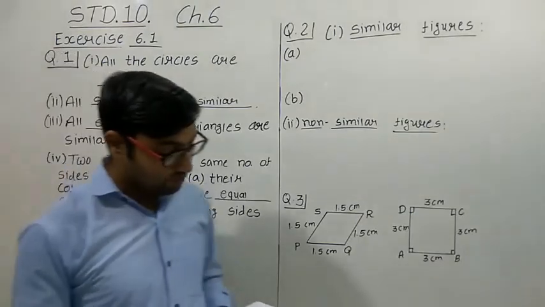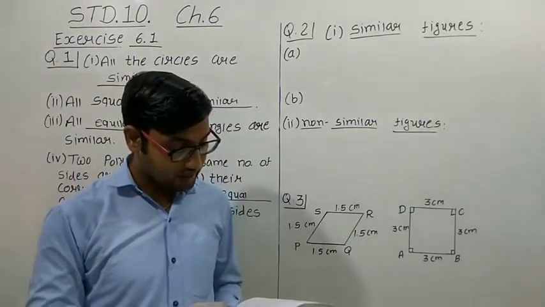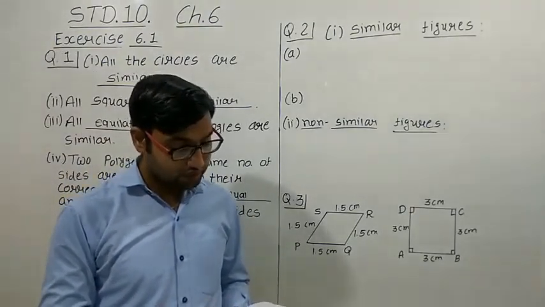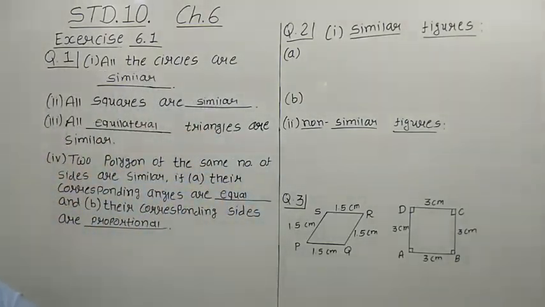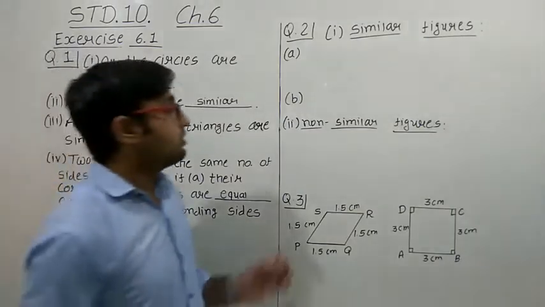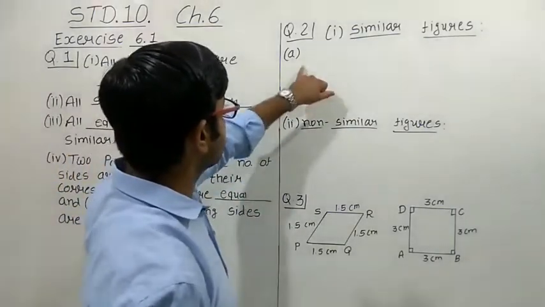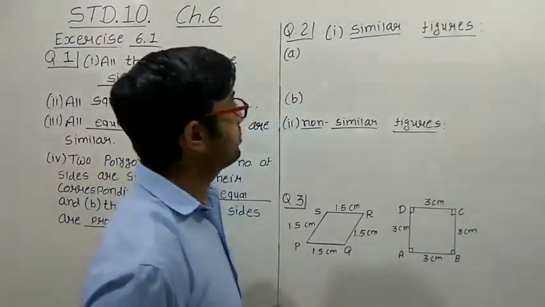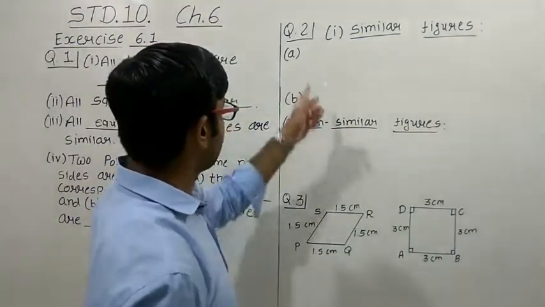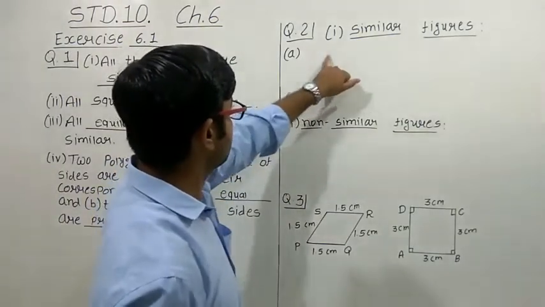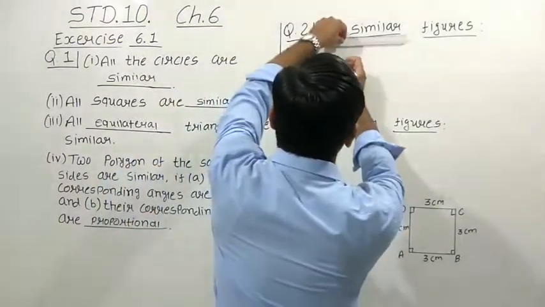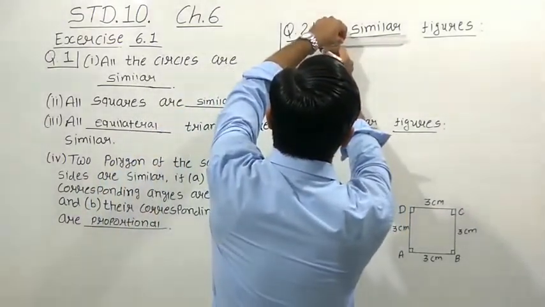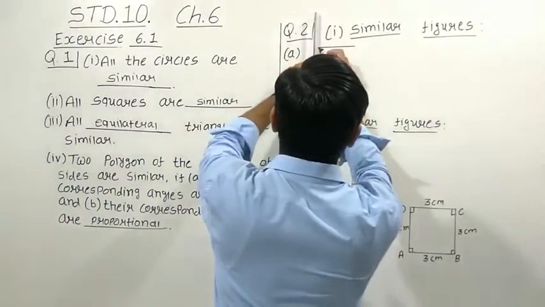Now in question number 2, we are asked to give two different examples of pairs of similar figures. So here we have to draw two figures which are similar to each other, two pairs.